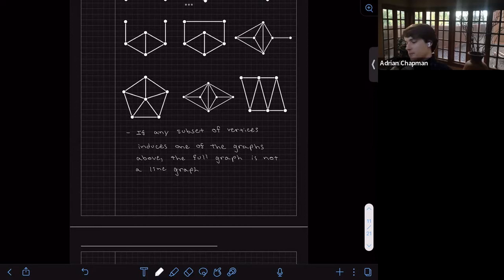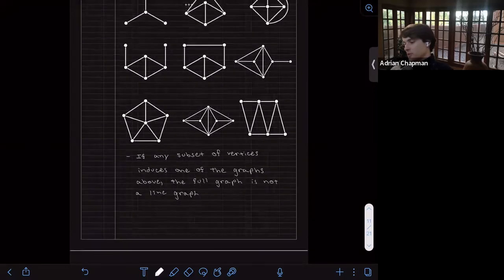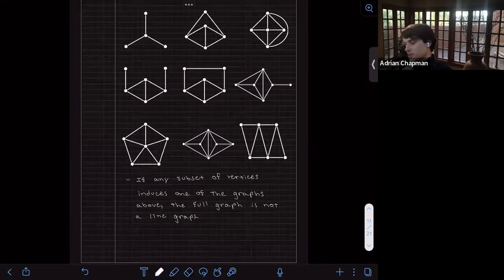So a few of these we can see immediately why they should be forbidden. For example, the claw. Those graphs are special. They're called claw-free graphs. We'll talk about these further.